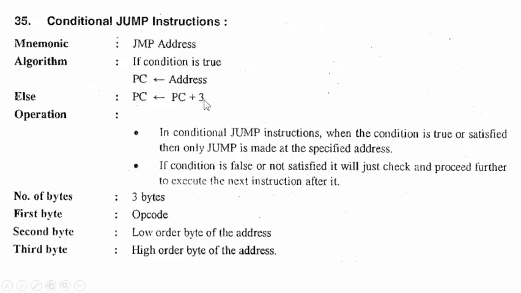It will skip the current conditional jump instruction and start execution from the next instruction. So in case of a conditional jump instruction, only when the condition is satisfied is the jump made to the specified address, and if the condition fails, it will continue with the next instruction after it. In this case also, the size of the instruction is 3 byte, 1 byte opcode and the remaining 2 bytes for the 16-bit address.